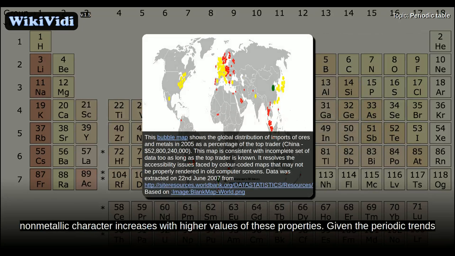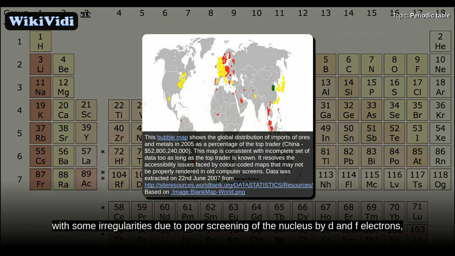Given the periodic trends of these three properties, metallic character tends to decrease going across a period and, with some irregularities due to poor screening of the nucleus by D and F electrons, and relativistic effects, tends to increase going down a group. Thus, the most metallic elements are found at the bottom left of traditional periodic tables, and the most non-metallic elements at the top right.